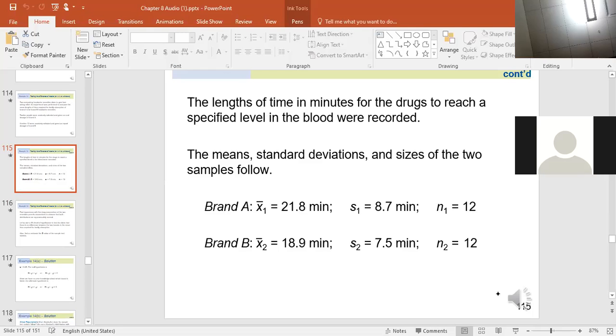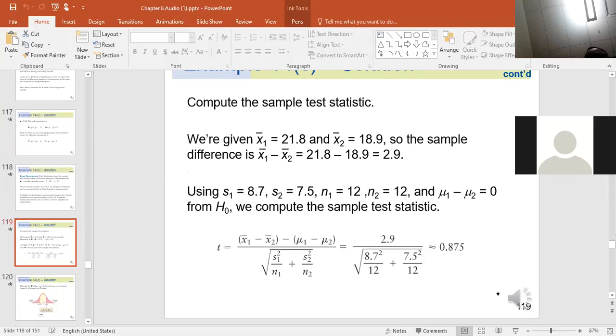So what is the t-value or the test statistic?